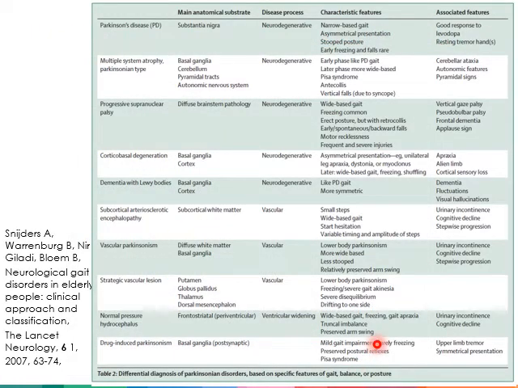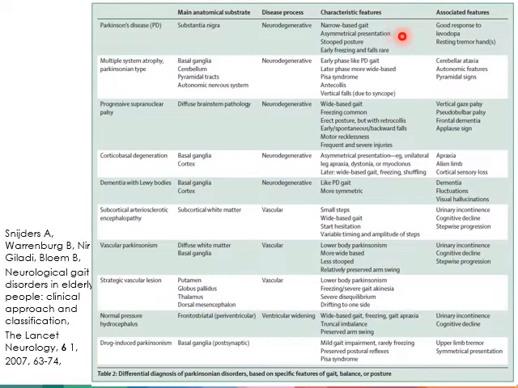This is a nice summary of the characteristic features of idiopathic Parkinson's and other forms of Parkinsonism as well. So for example, in people with Parkinson's disease, we would typically see a narrow base gait pattern, and asymmetrical presentation as well.